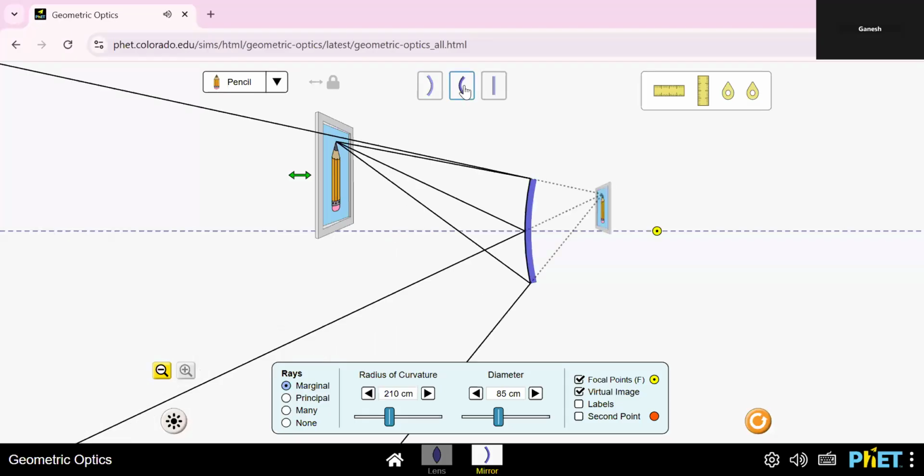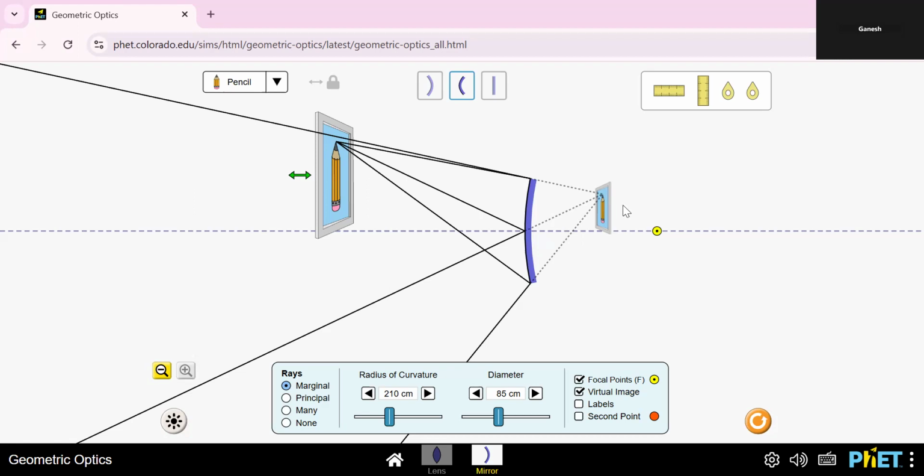So how is the image formed here? Look at the images, how it is formed. So this is the right object. The light is passed here. This is the reflected ray from this object. When the rays fall on that convex mirror, the image is formed on the opposite side.